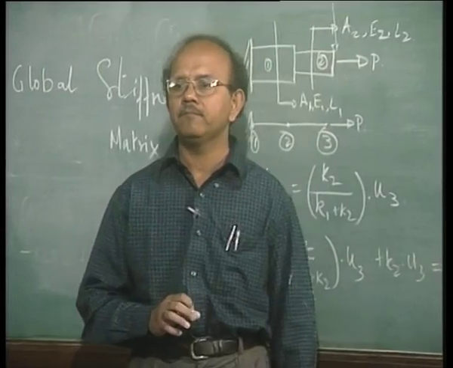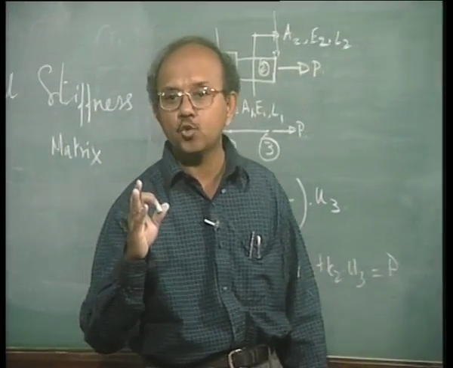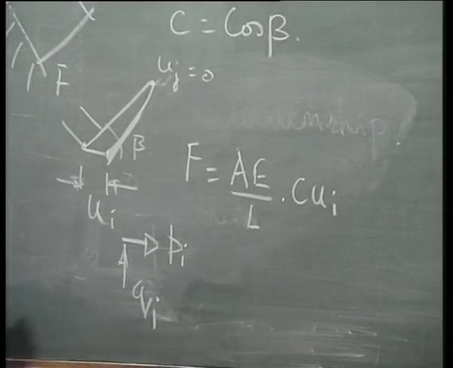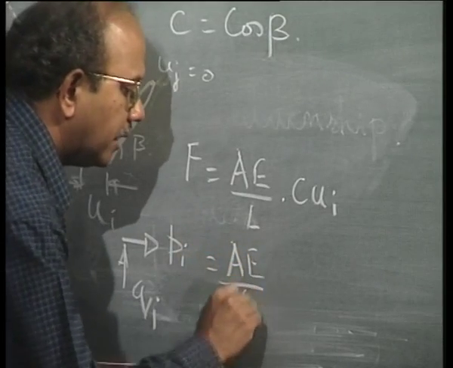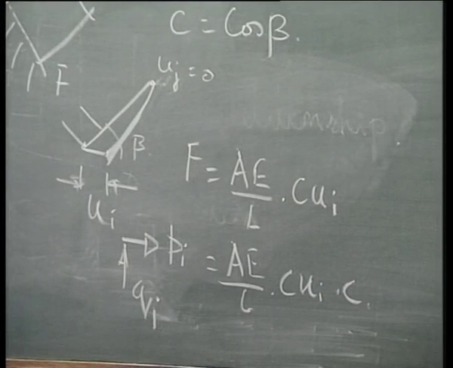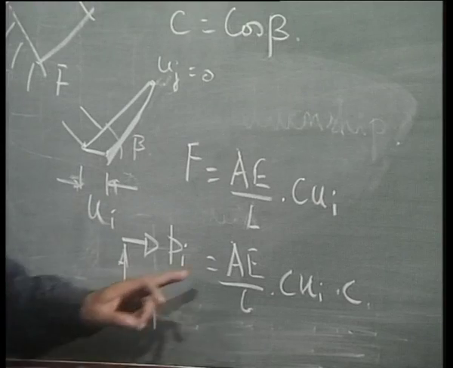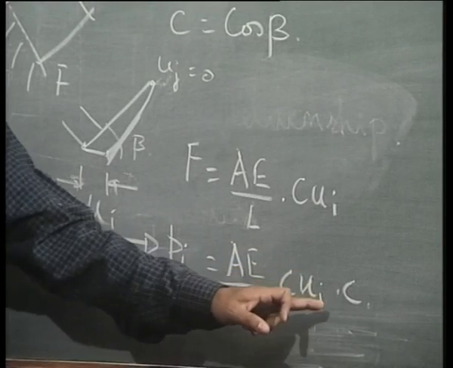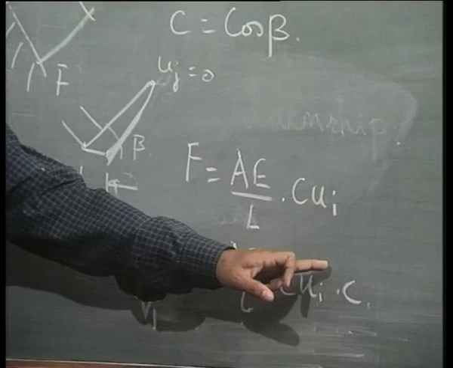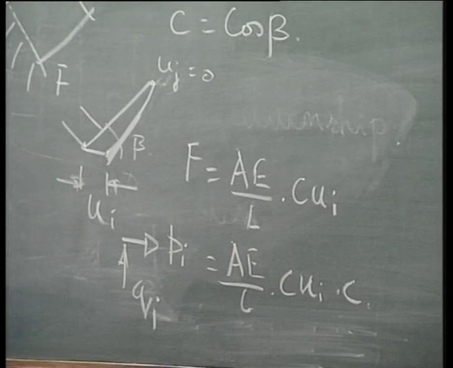Is equal to AE by L into C squared, because C ui into C. In other words, please remember C is cos beta. Same way you can get Qi to be defined as AE by L C ui into S, let us call that sin beta as S.